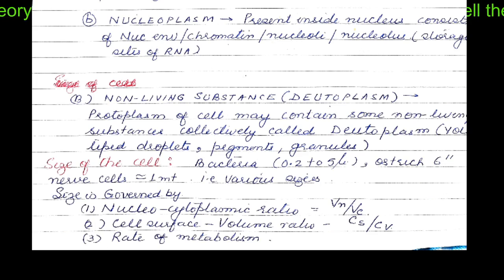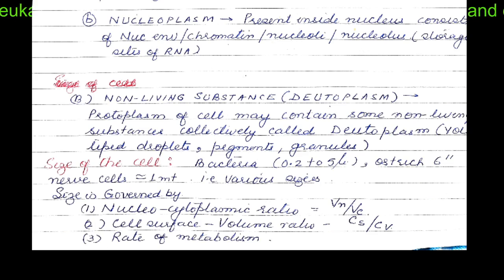Come to the sizes of the cells. The sizes and shapes may vary greatly from kingdom to kingdom. Bacteria have a dimension of 0.2 to 5 microns, whereas an ostrich egg is 6 inches in length, and a nerve cell can be up to 1 meter in length.